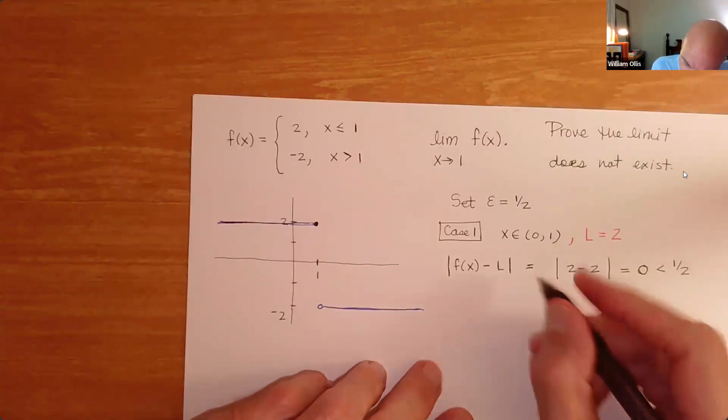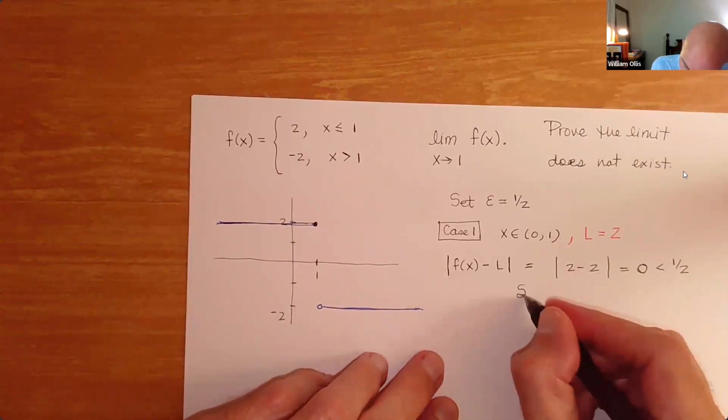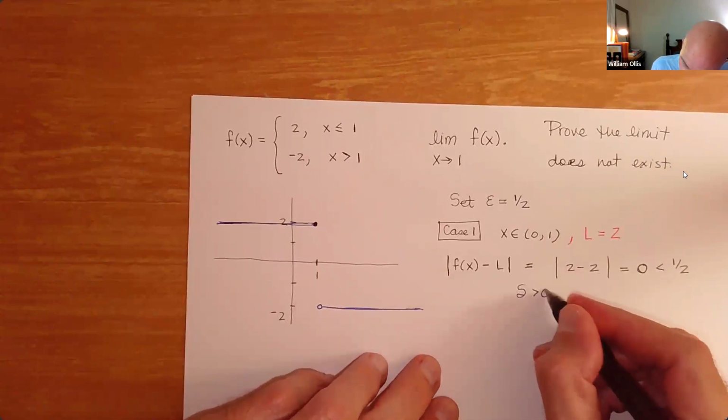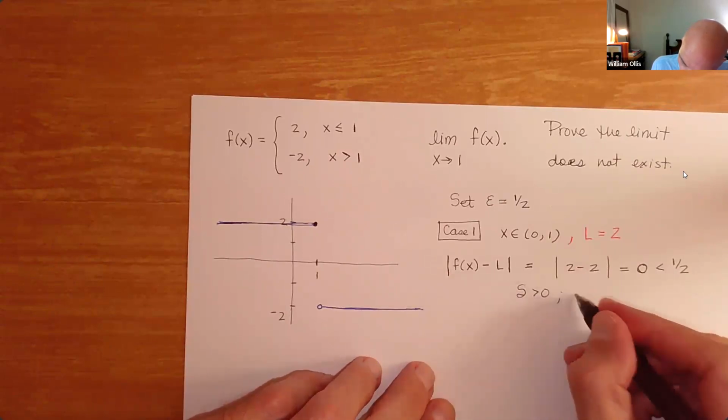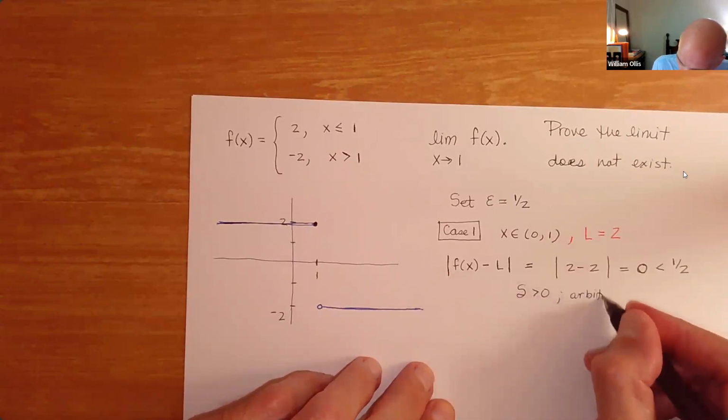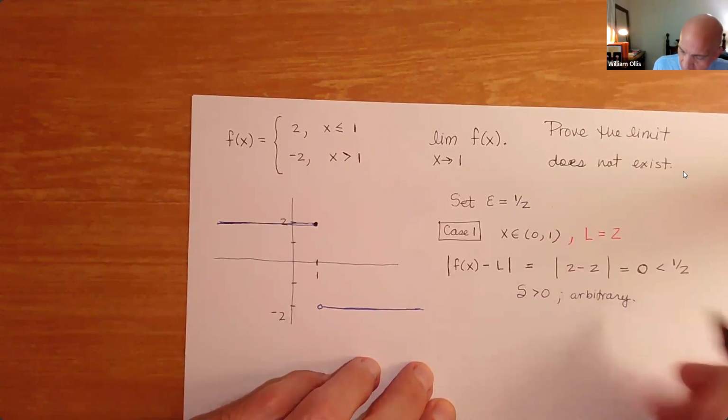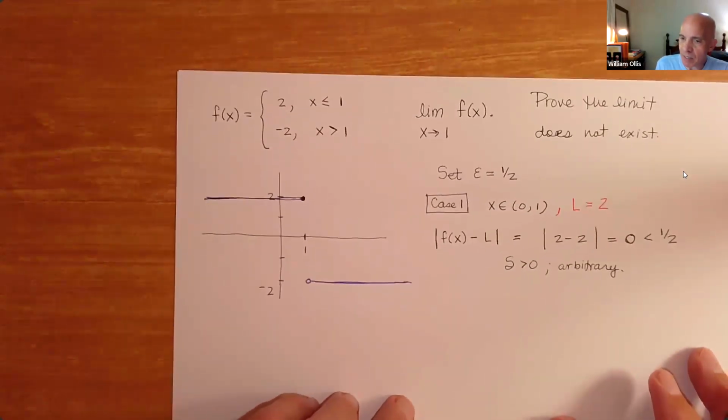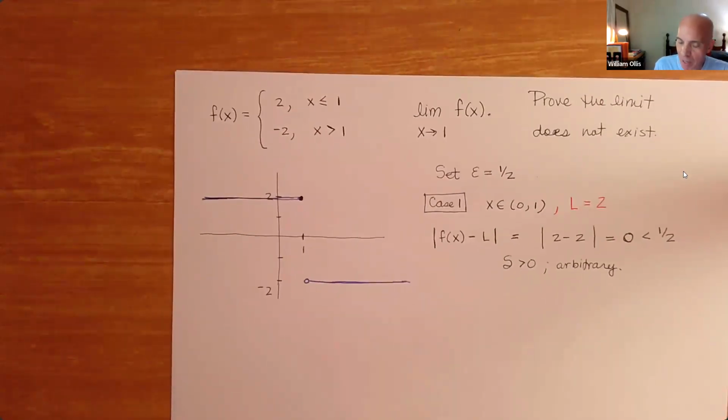So in this case, delta is any positive number, and so that would be arbitrary. That's nice when you've got something constant. That's easy. Delta can just be any positive number.